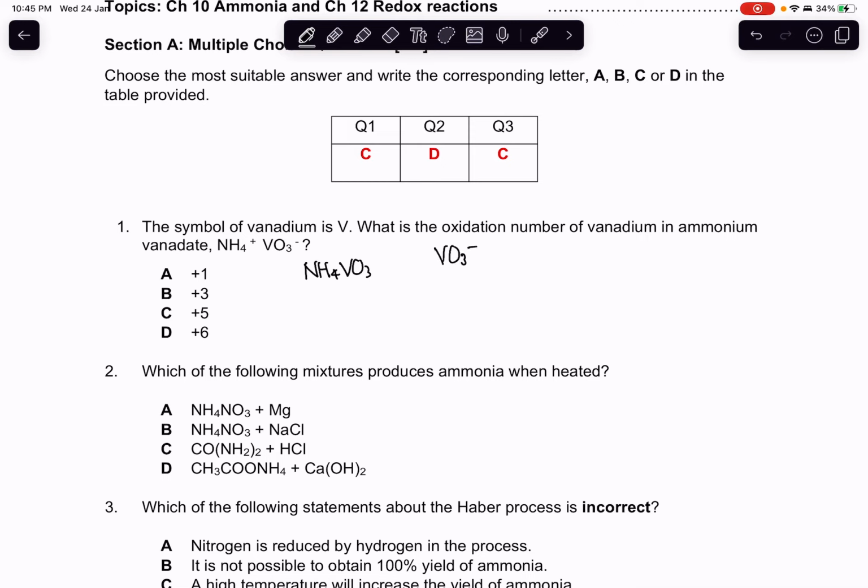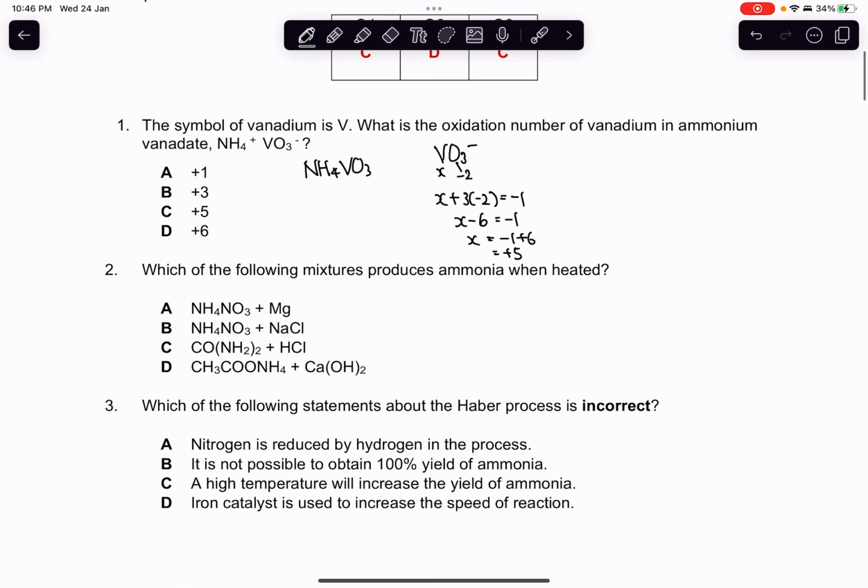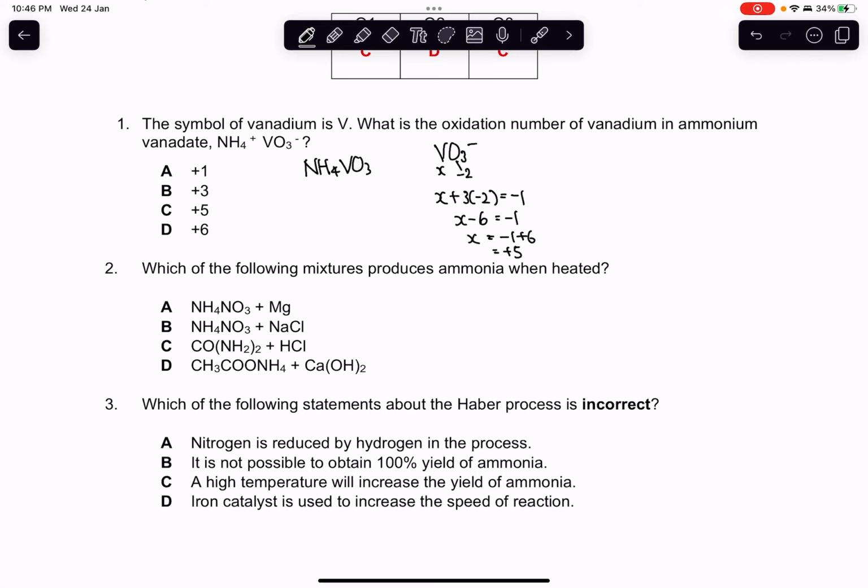Let the OS of V be X. You have X plus 3 times O, each O is -2, and 3 times -2 plus X equals the total oxidation state of VO3, which is -1. Then you have X minus 6 equals -1. You bring over, X equals -1 plus 6, equals +5. Answer is C.